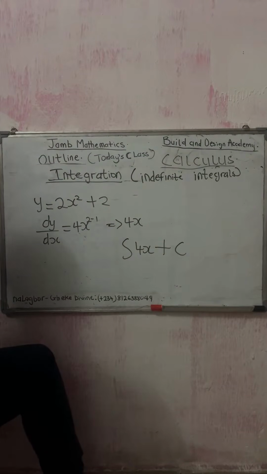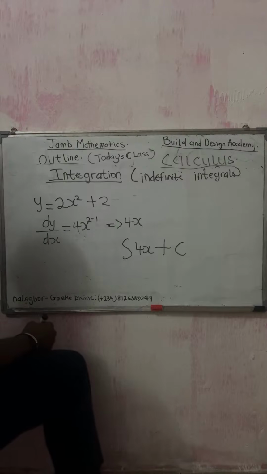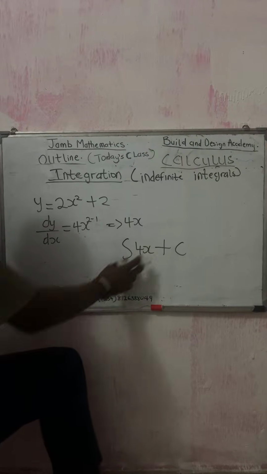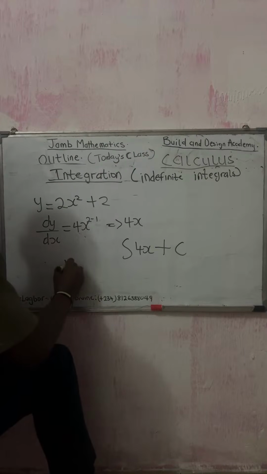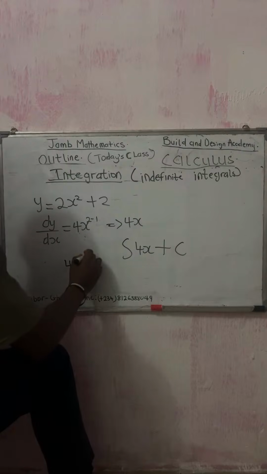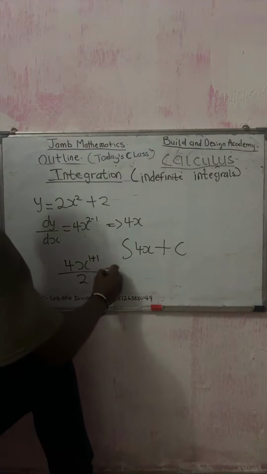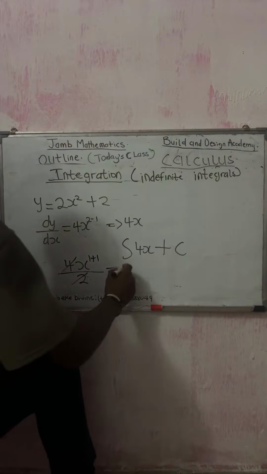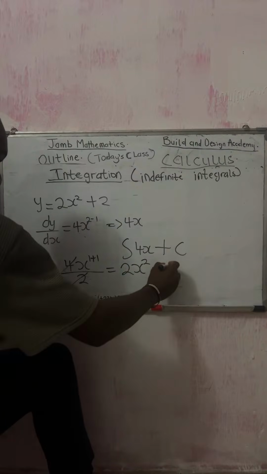So integration is like the reverse of differentiation. If we are to integrate this, we simply add 1 to the power, then divide by the new power. So this will be 4 times x to the power 1; we add 1 to it, which is 2, all over 2. We cancel out, and we are left with 2x squared plus our constant c.